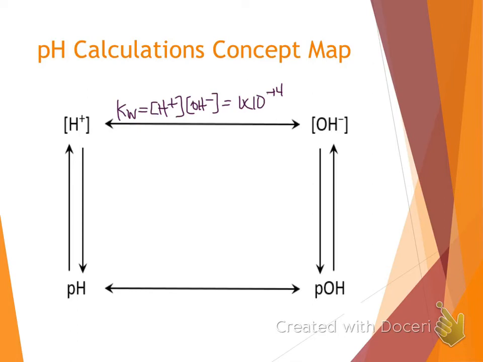We'll look at pH to pOH next because that's pretty simple as well. It's based off that Kw expression, taking the negative log of everything as we just saw, and we end up with pH plus pOH is equal to 14. So if we have one, we can find the other from subtracting by 14.